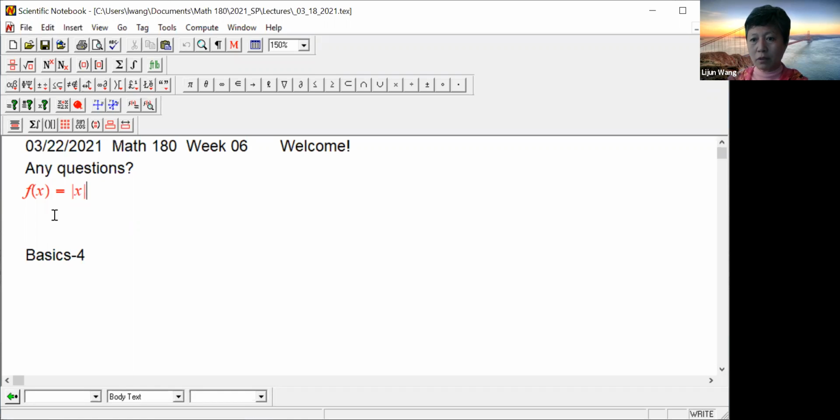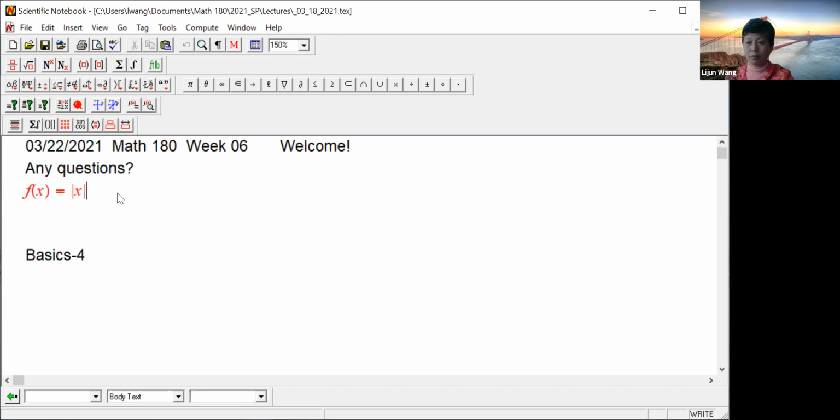Remember, we covered this at the very beginning when we did basic 1. About this function, there are many related topics, so that's what we're going to cover. This is the second time we cover the absolute value of x.